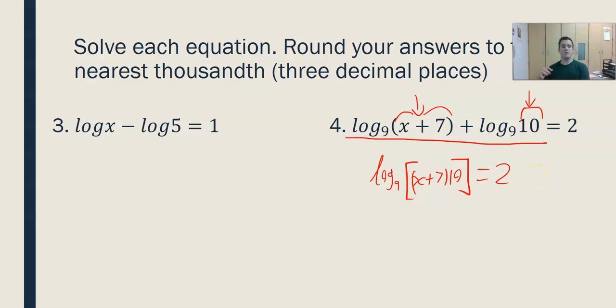Okay, this problem is a little bit different than the one we did on the previous slide, notice, because there's not a log on this side. So here I have log base 9 of, I don't know, call this question mark for a second, equals 2. Where have I seen that before? If I'm trying to find out what this number is, what do I need to do?